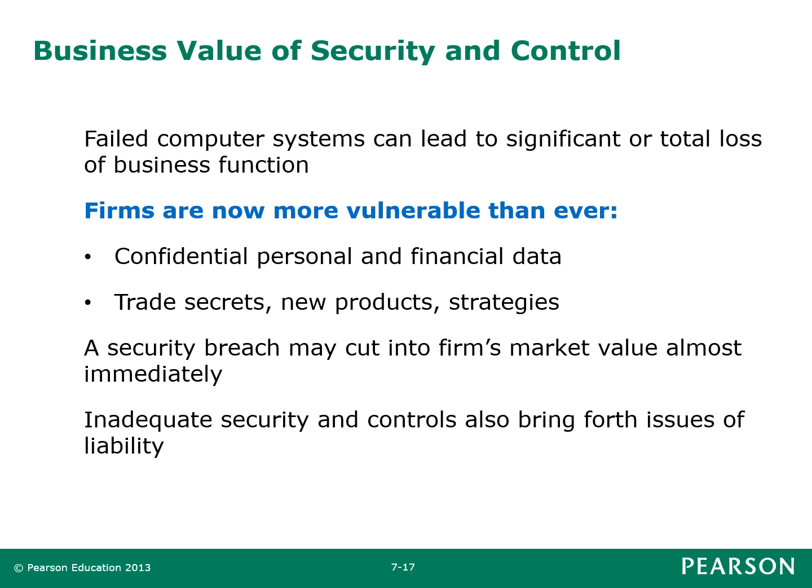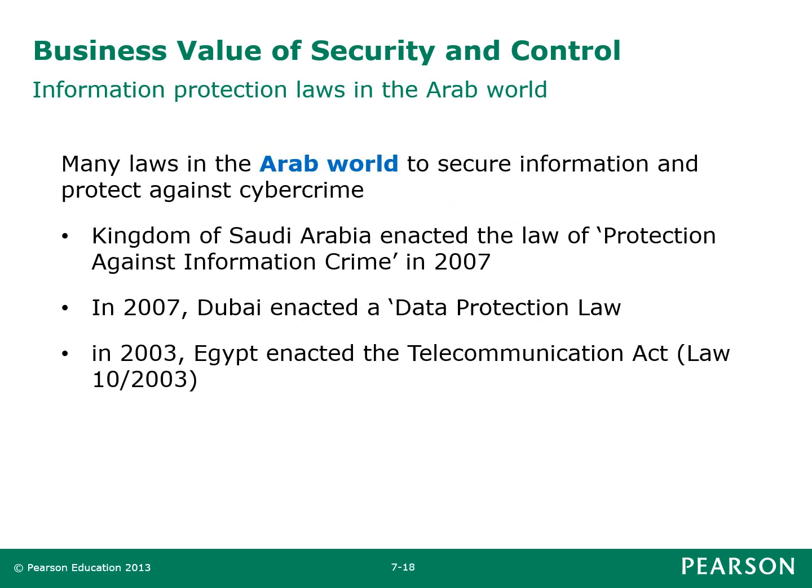The absence of security can lead to failure of computer systems and consequently the loss of business functions, or even to getting out of business in the worst case. The huge impact of securing information systems and networks on business forces countries worldwide to protect organizations against cybercrime.